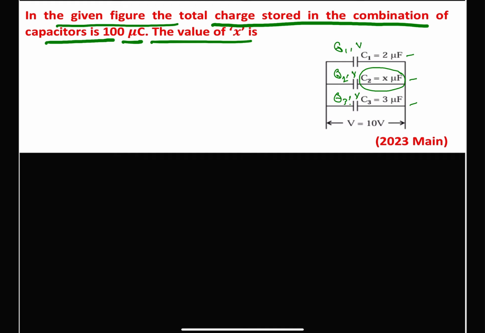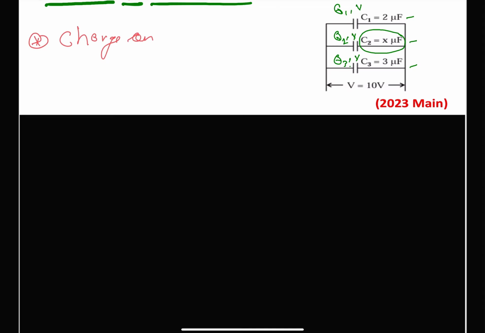Therefore, we can find out the charge on each capacitor. Let us start with C1. Q1 will be equal to C1 multiplied by V, which is 2 into 10, giving us 20 microcoulomb.